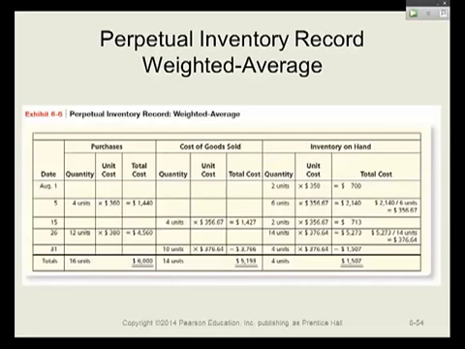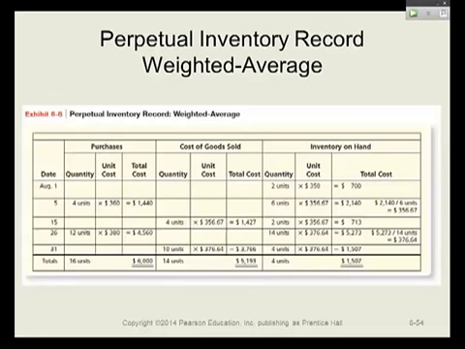Then I purchase 4 units at $360. Sorry about that, I had the wrong one. There we go. Here we go.